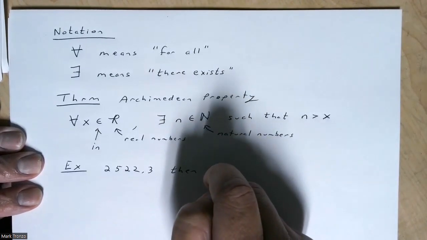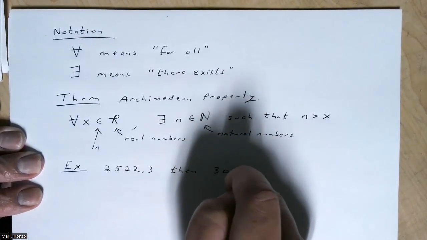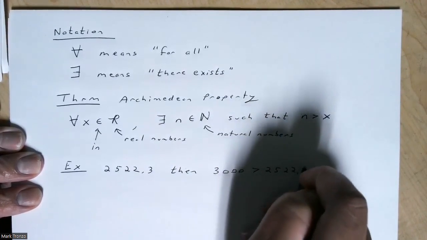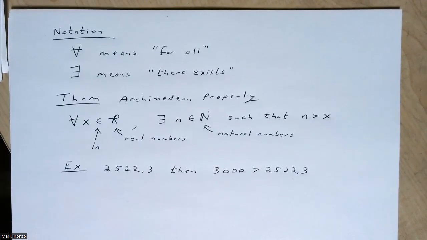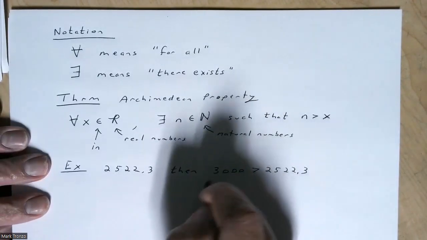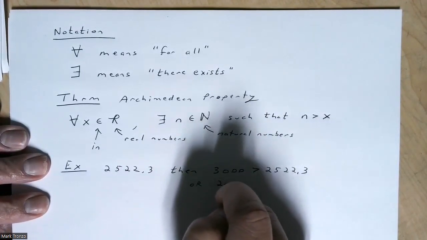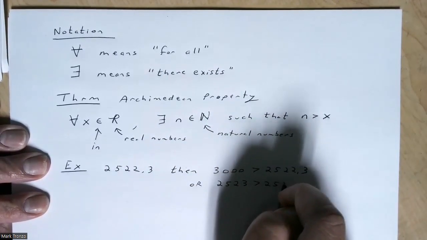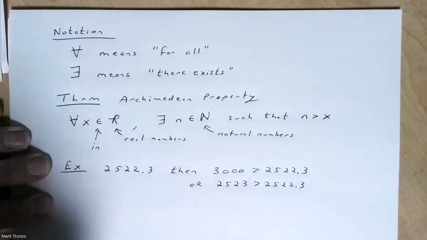Then 3,000 is greater than 2522.3. And you could have just picked 2523, which is greater than 2522.3. You have a lot of options.